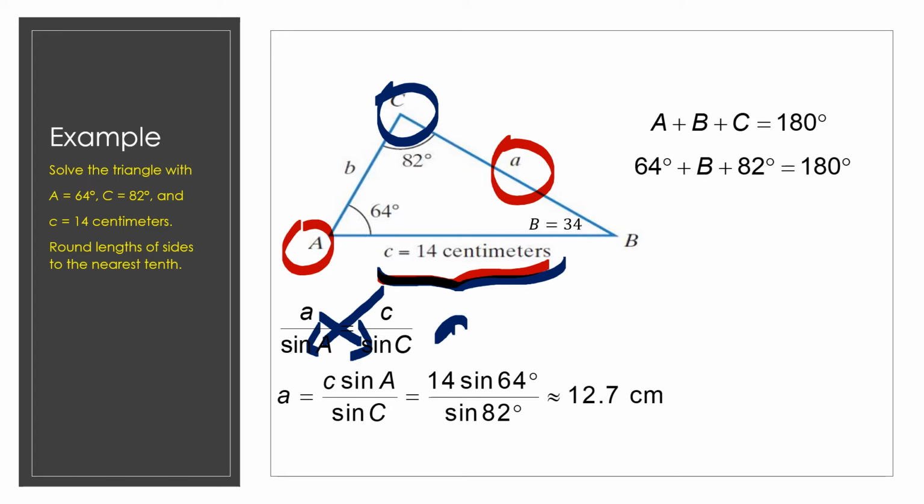So this is a sine C equals c sine A. From this, we solve for a. And a turned out to be 12.7.